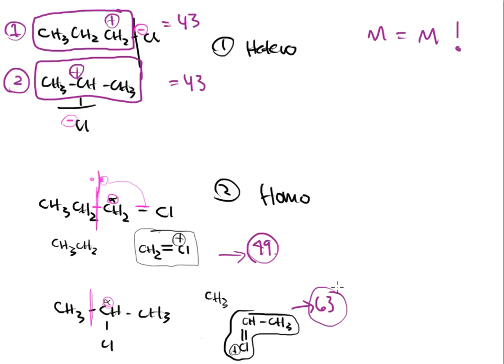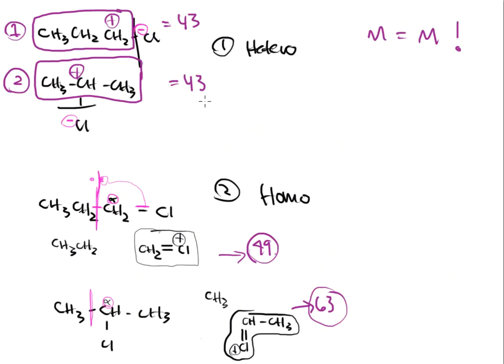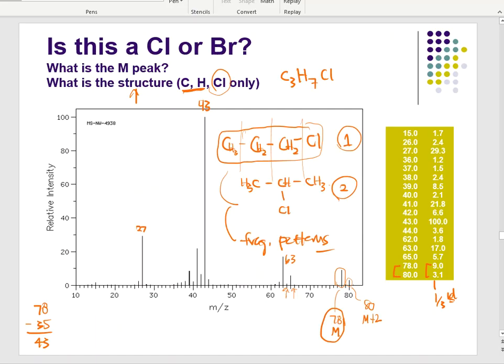So now I need to go back to that mass spectra. So let's pull it up. And here's what led to all of this discussion. Well, it seems to me that if I pull this back up here, 43 is going to be present in both. No matter what we do, they're going to be present in both, right?